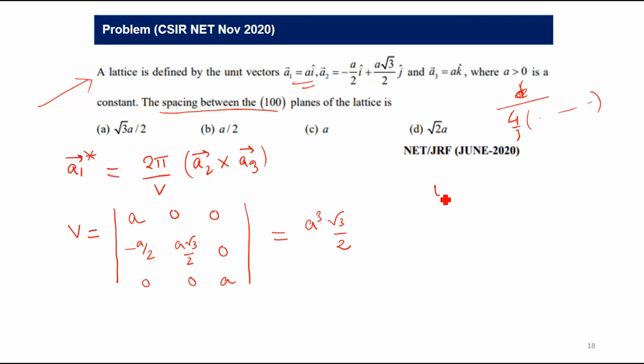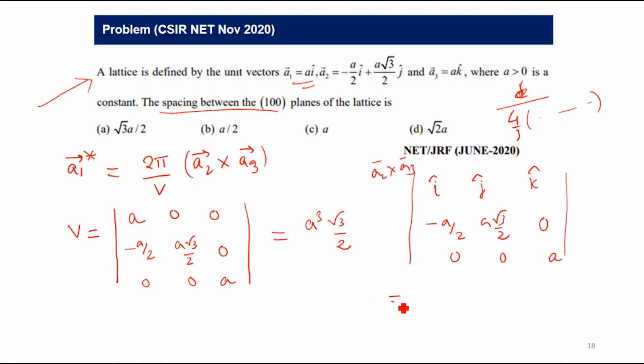What about A2 cross A3? I cap, J cap, K cap. A2 is minus A by 2, A root 3 by 2, and 0; A3 is 0, 0, A. That's your A2 cross A3. This will be equal to A square root 3 by 2 I cap.